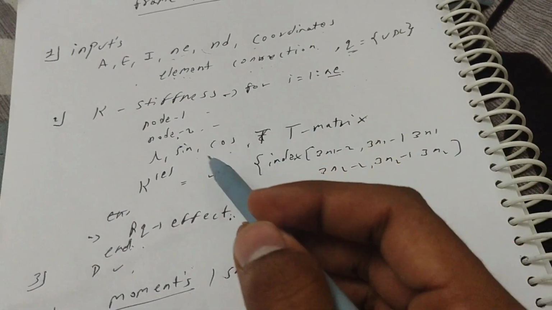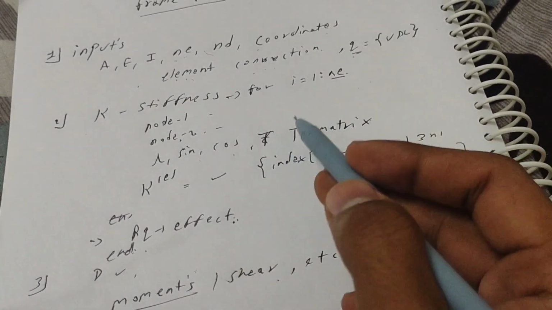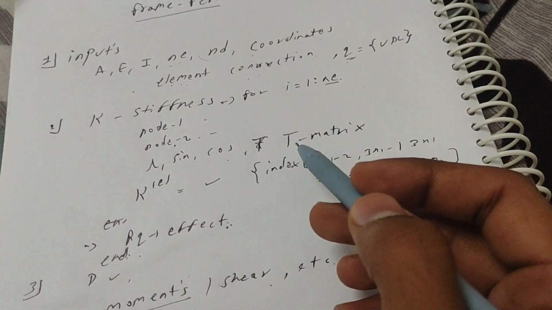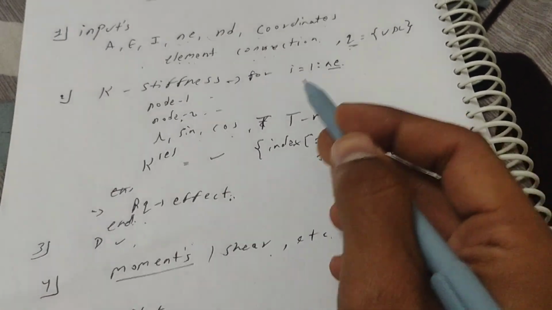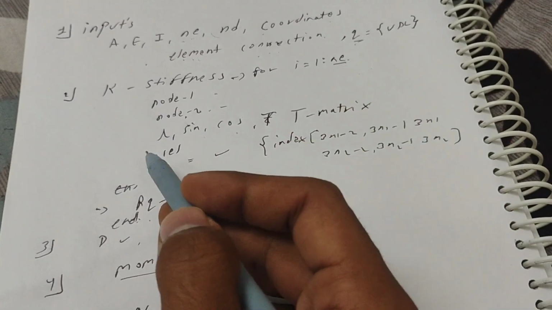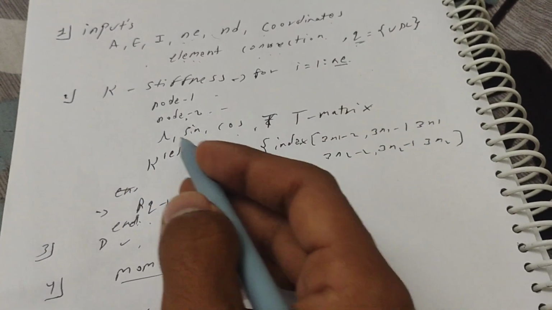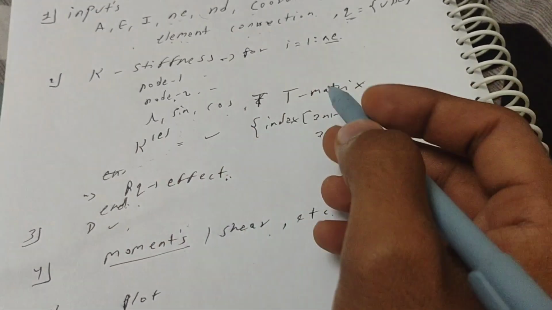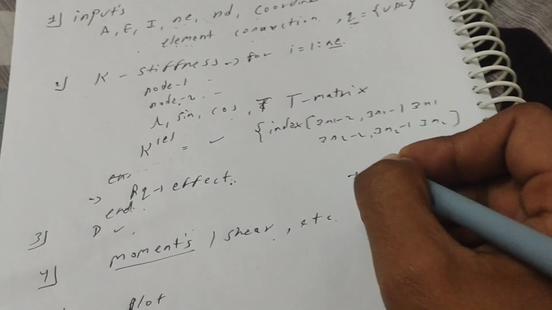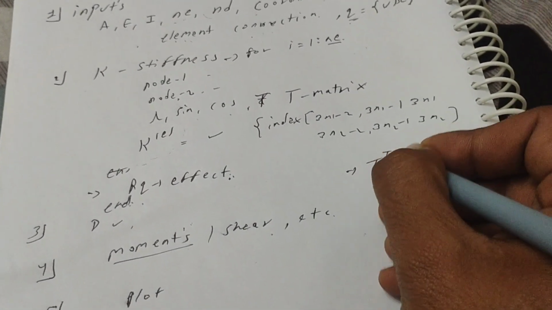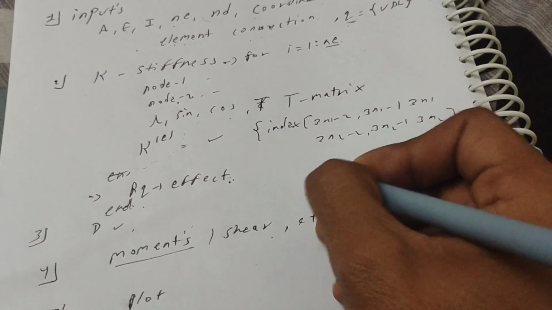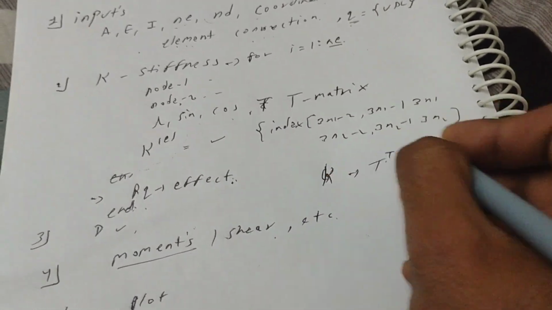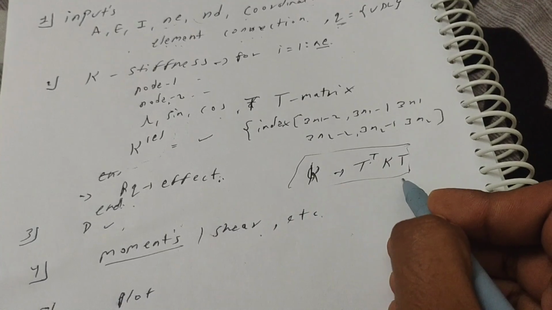After getting these things, we will make the transformation matrix. We will first form the element stiffness matrix, and this will be multiplied, like T transpose into K into T, converting it into the global format.